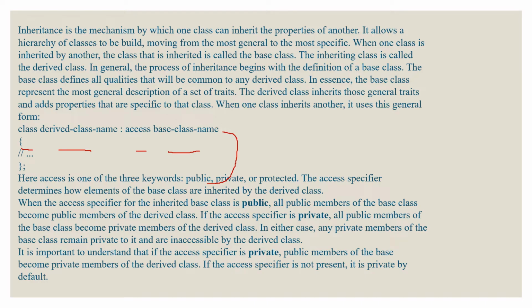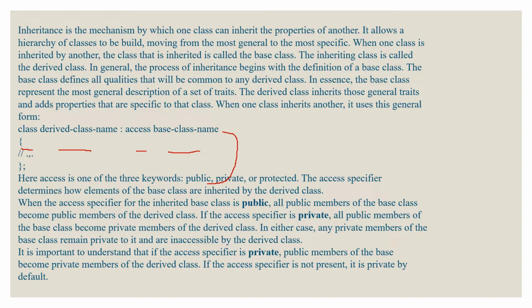Then whatever things we used to write inside the class, that is our class members, will be kept under this pair of curly braces. We open, write all the contents, and then close, as we used to do in the earlier class format.